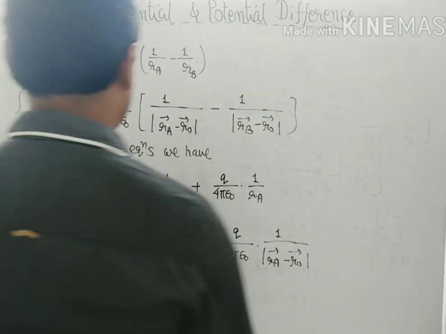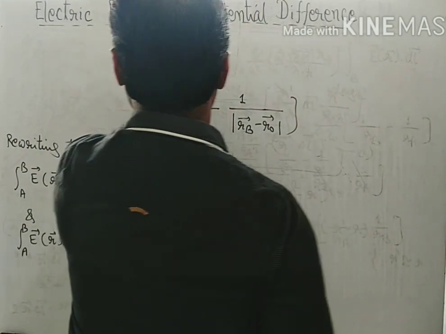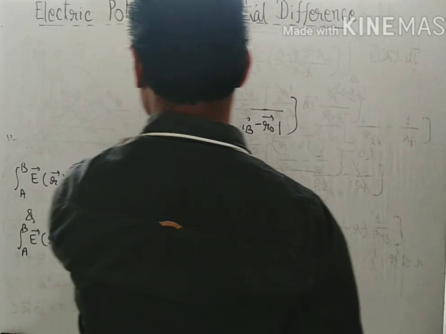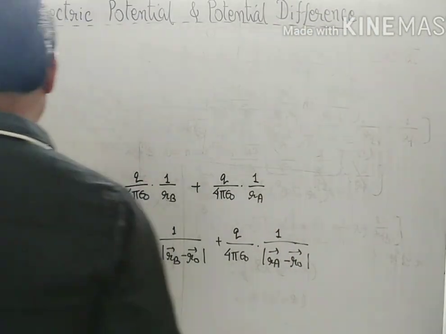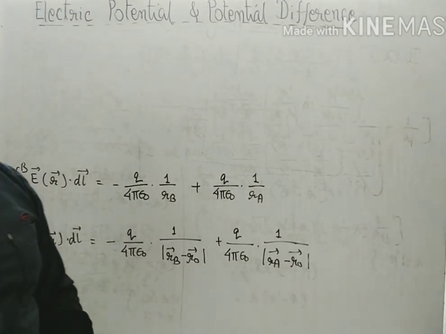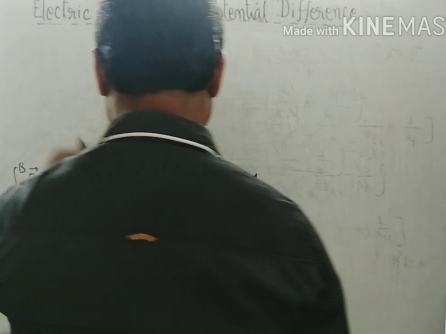Now moving ahead, we can further write, if we take point A to be at infinity, where the potential is supposed to be 0.